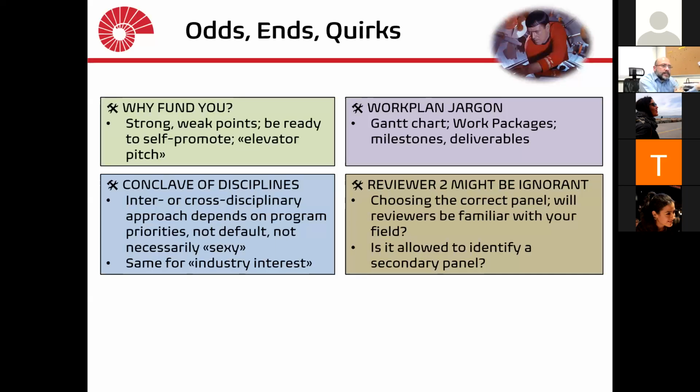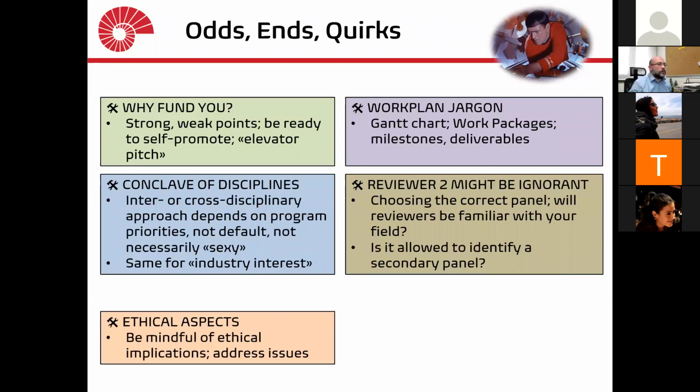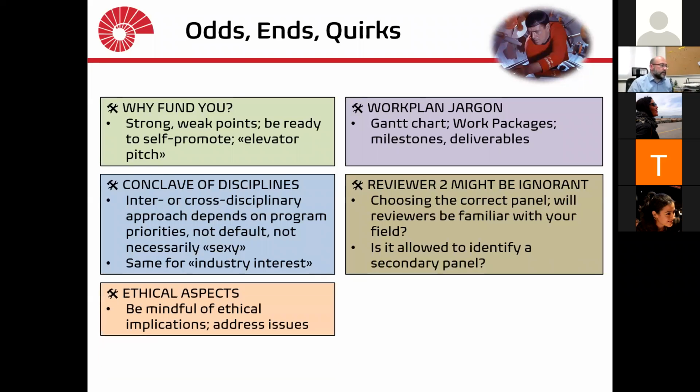There might be a risk there, because choosing that panel might mean including other evaluators from other fields who might or might not understand your main argument. So there is a risk, but if it is a must because of the cross-cutting nature of your research idea, then you might have to go for a secondary panel.